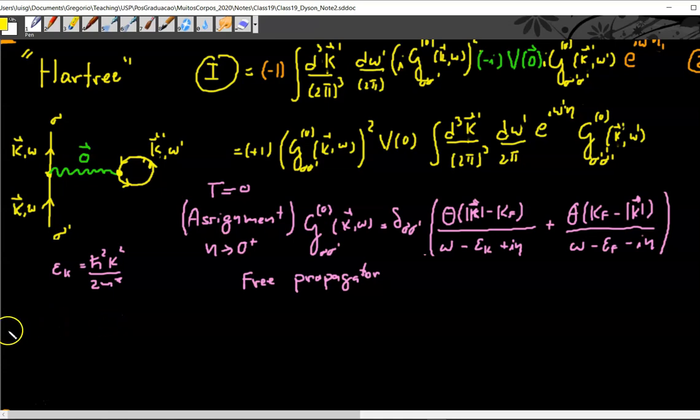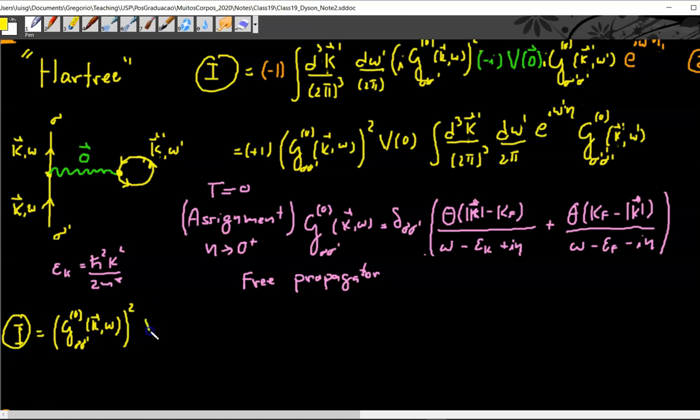So let's keep going. So this one is going to be then this propagator squared sigma prime k omega, and this is just the little legs, so it doesn't matter much for us.